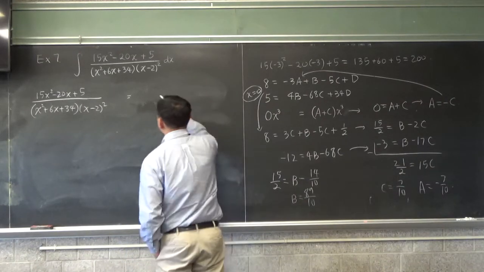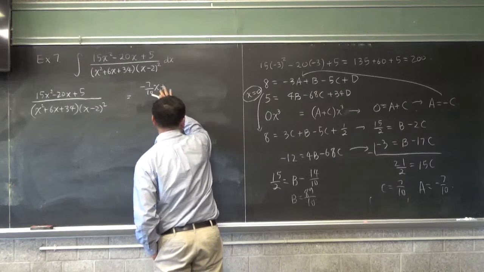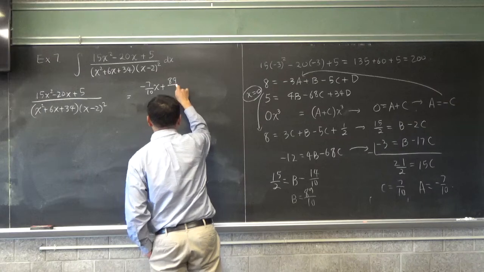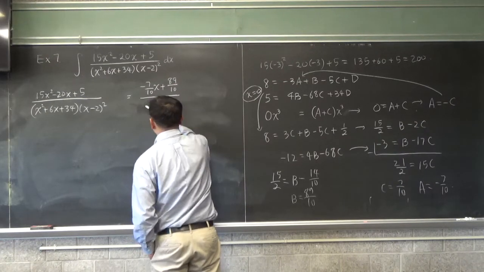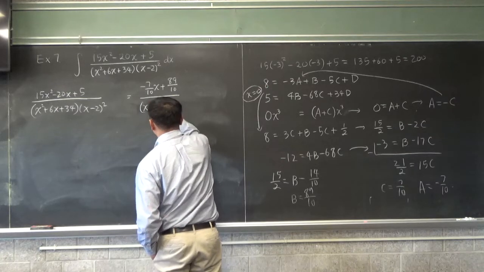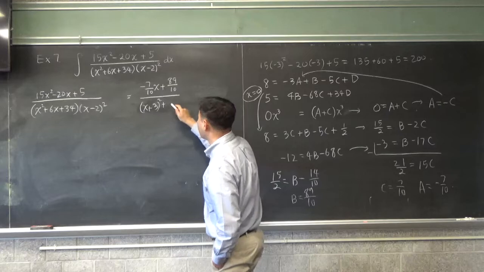you get negative 7 over 10 x. It's ax plus b. B is 89 over 10, over x plus 3 squared plus 25. I'm going to rewrite 25 as 5 squared.